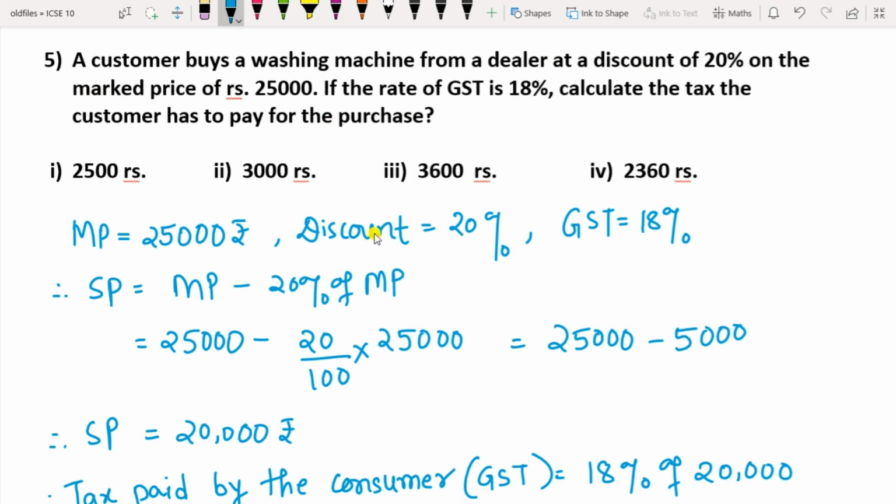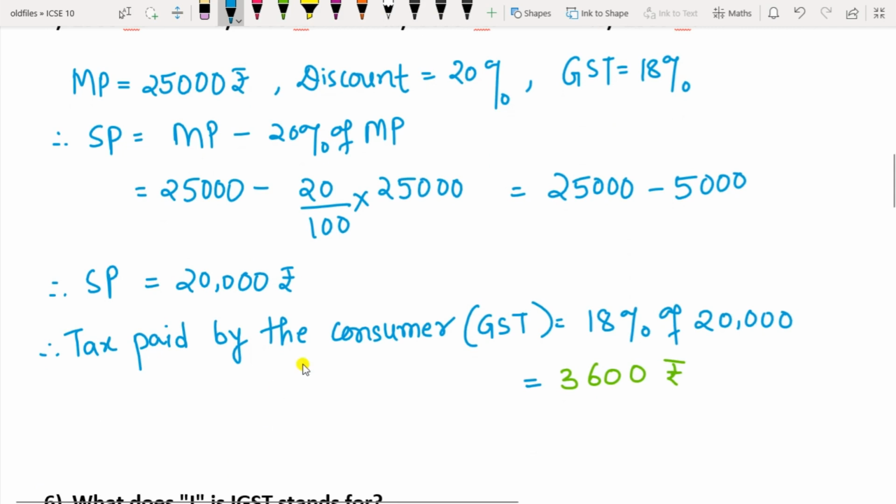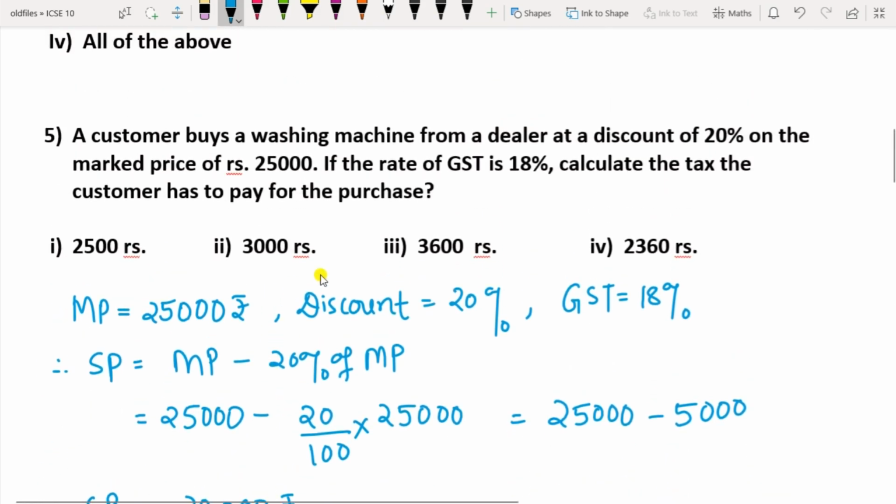Marked price minus discount gives you the selling price as 20,000 rupees. Therefore, the tax paid by the customer, GST, is 18% of the selling price, that is 3,600 rupees. The GST is always counted on the selling price. So option 3 here is the correct option.